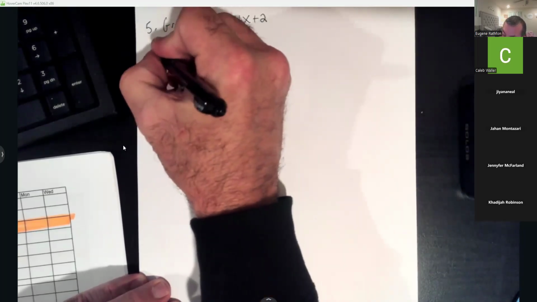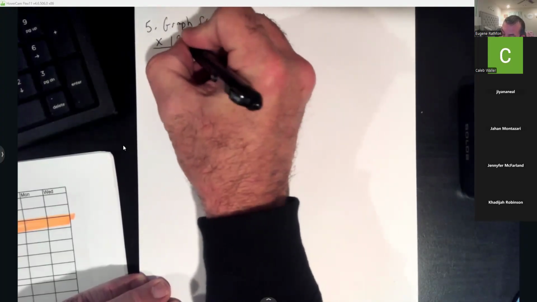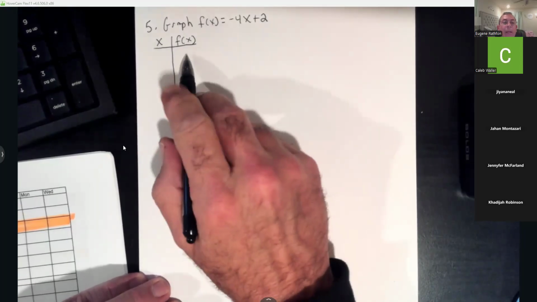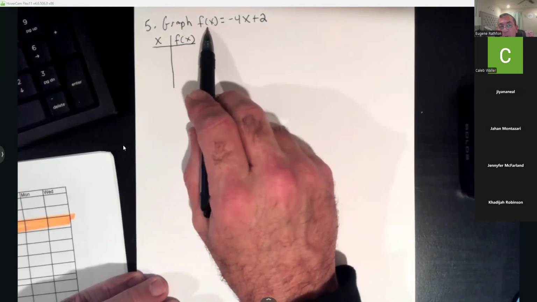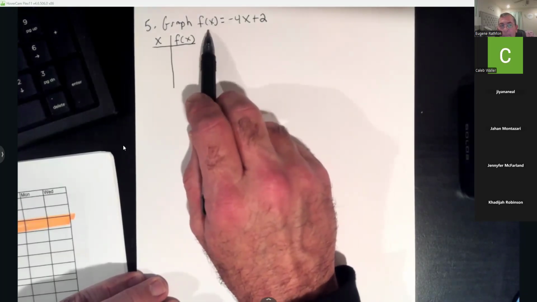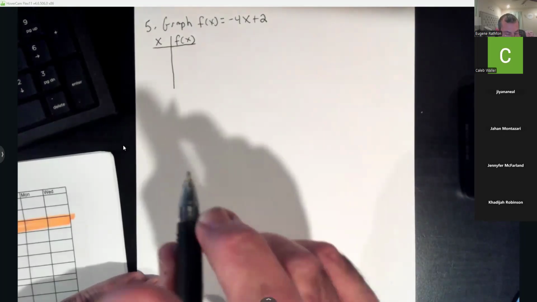Now, this one, they already are going to give you the values to use. And the difference in this problem than earlier, we're using function notation instead of y. But remember, f of x and y are basically the same thing, okay?